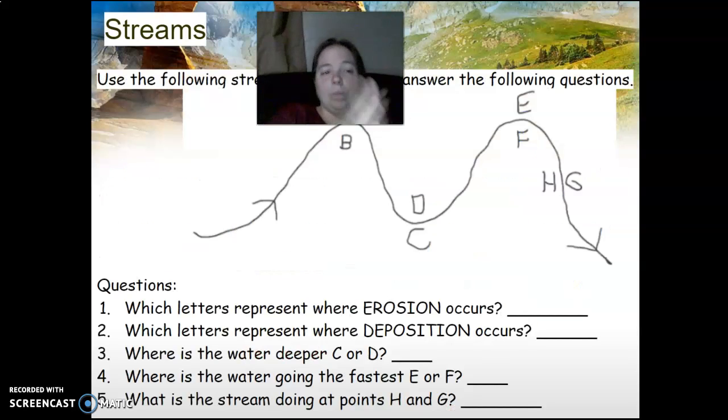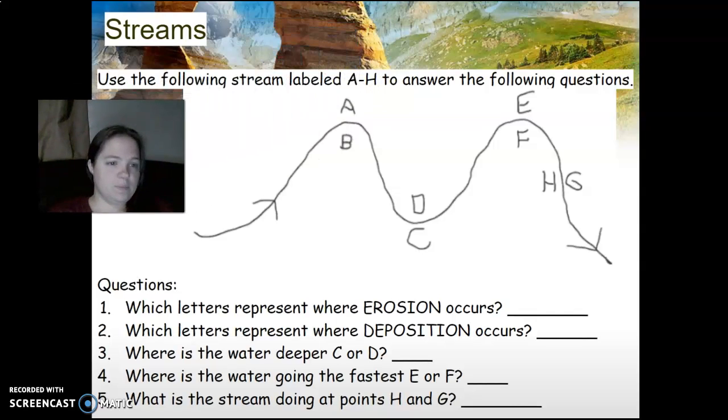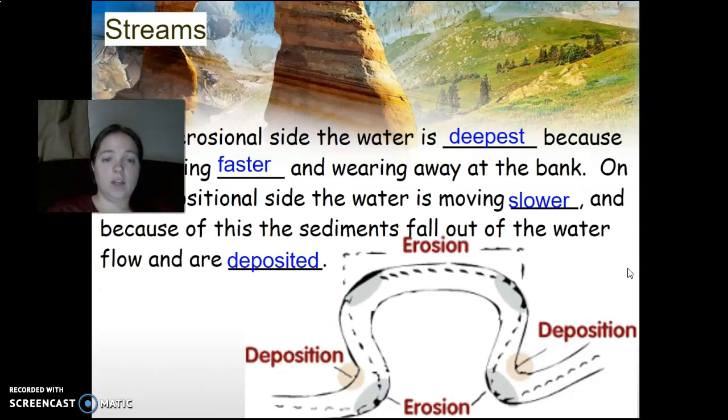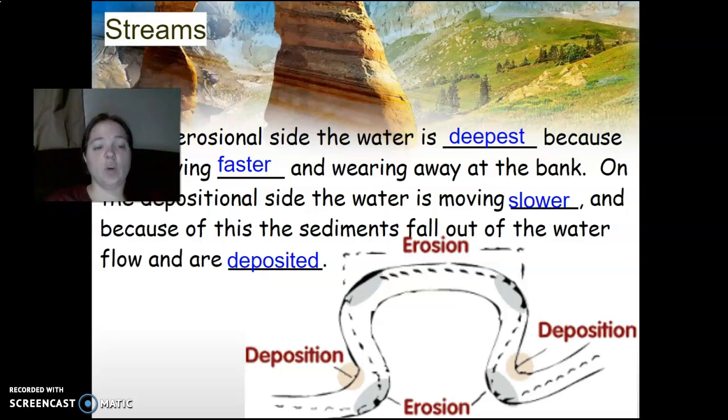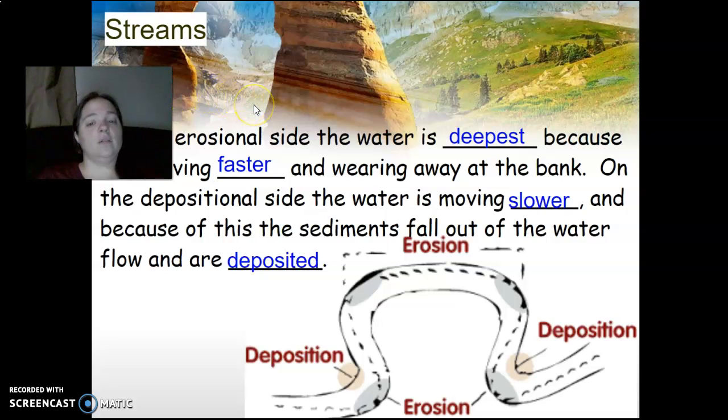Okay, so we're going to look at my lovely drawing of a stream, and we're going to answer some questions on it based on what I just said. The erosional side is deepest and fastest. The depositional side is slower and shallower.